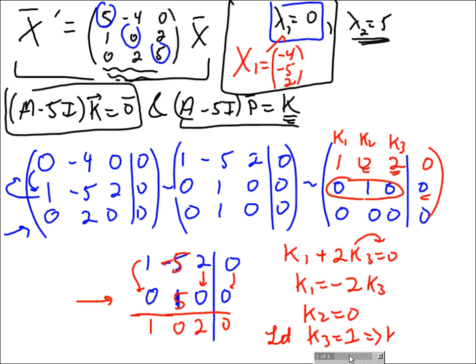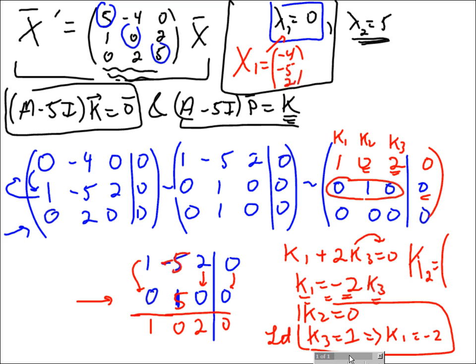Well, that implies that k1 is negative 2 times 1, negative 2. So there it is. So again, I ran out of space, so let's sneak it in here. k2 is k1, k2, k3. k2 is negative 2, 0, 1. That is k2.